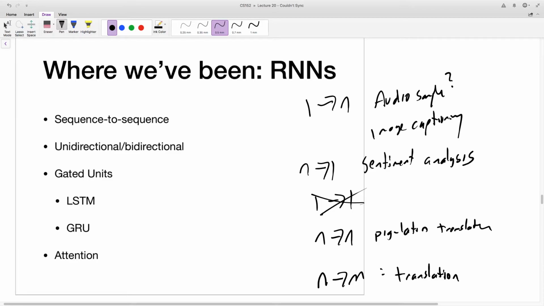Gated units, why do we do gated units? There are two ways to look at it. One, so we have a place to store stuff undisturbed till later. An alternate way to look at it is so that we have a path such that we can push back gradient without it shrinking.